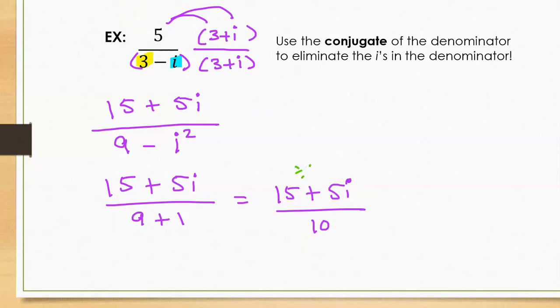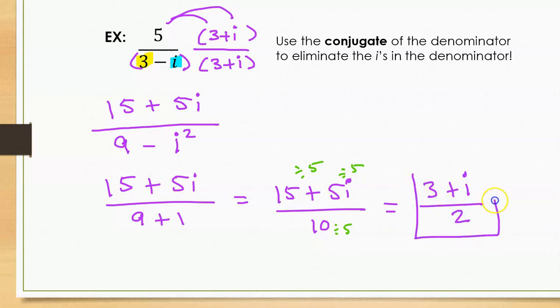So let's just divide all of these by 5. Okay, it has to be all of them. It's like all or nothing. But since these are all divisible by 5, I'm going to end up with 3 plus i over 2. And that's the final answer.